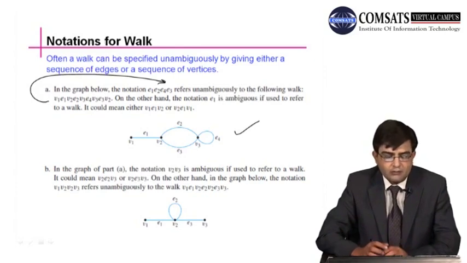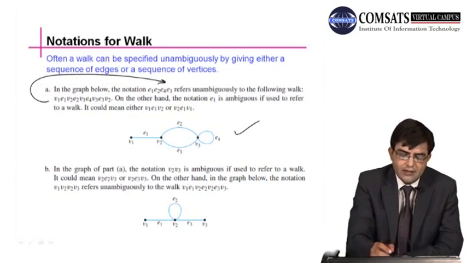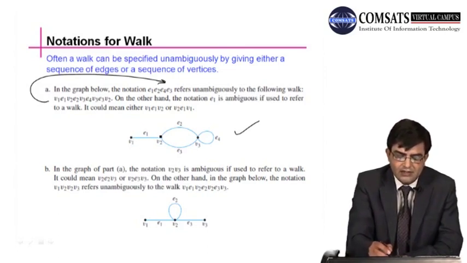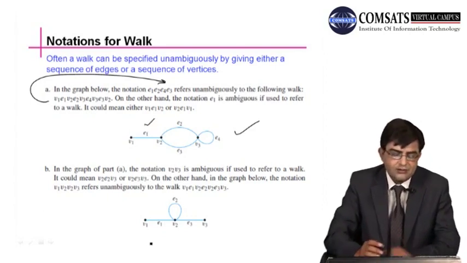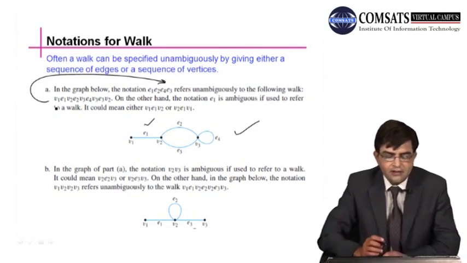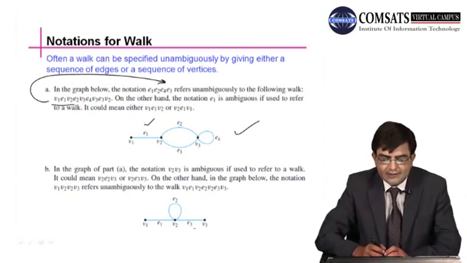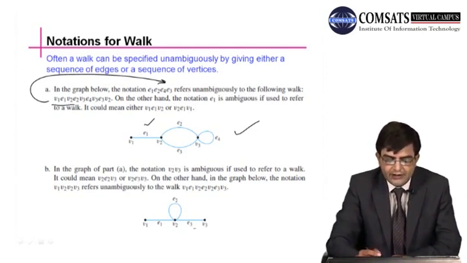If we write a walk V1, E1, V2, here we can write V1, E1 because the endpoints of E1 are V1 and V2, so therefore we write here V1, E1, V2. Next, either we can write V2, E2, V3 or V2, E3, V3.